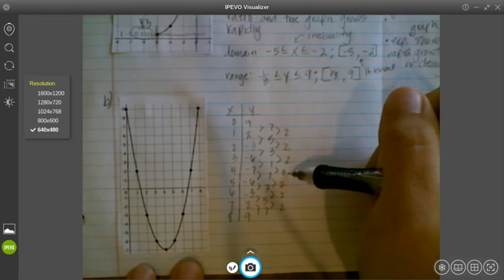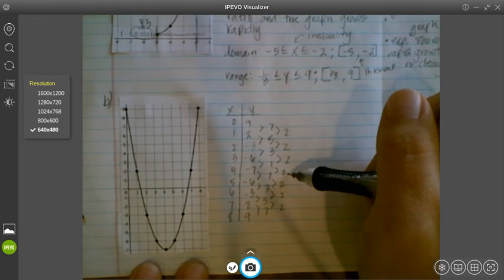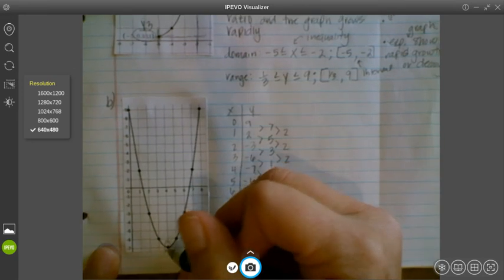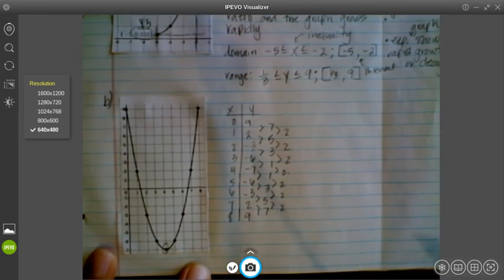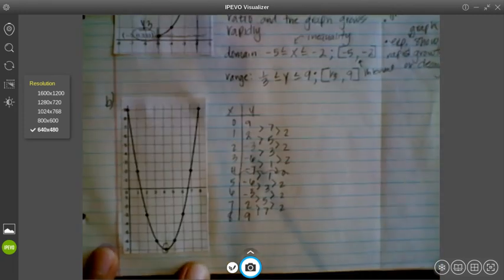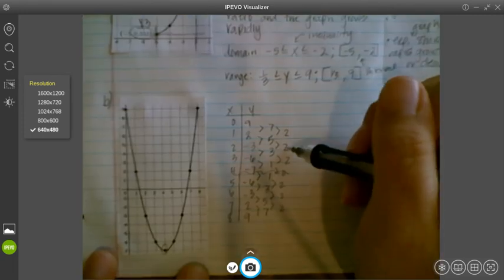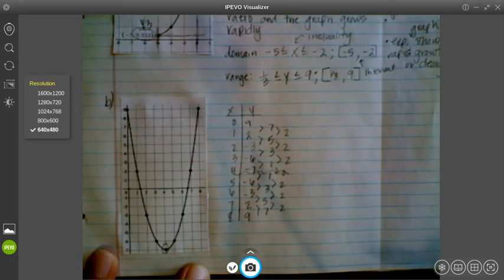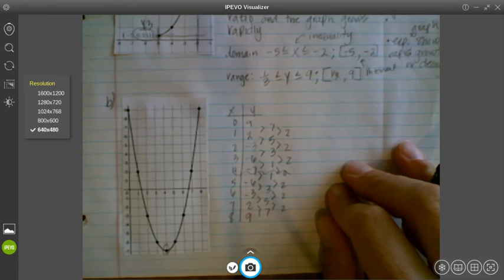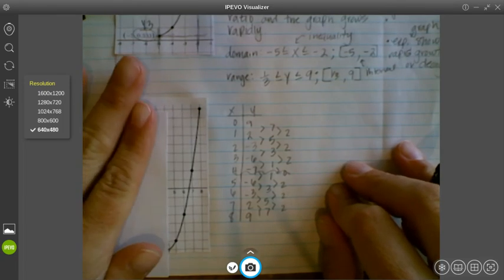Now, the reason that we got this 0 is because that point there was the vertex from our graph. So what we're going to do is leave that off and notice that we have that same second difference. So basically, when we're looking at a function that looks like this, we want to look at one side.